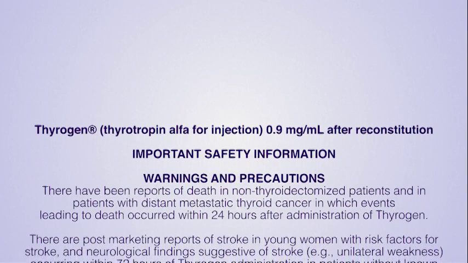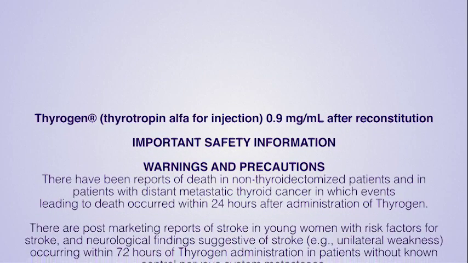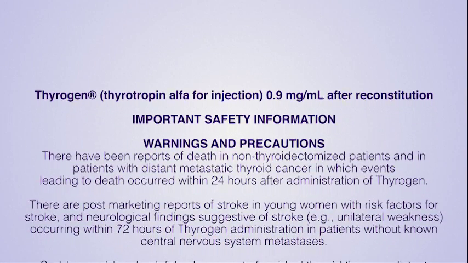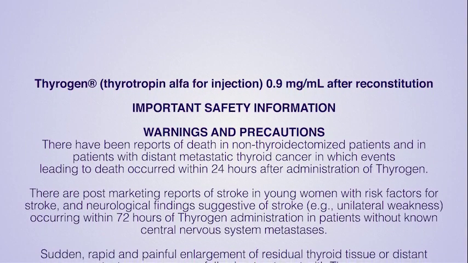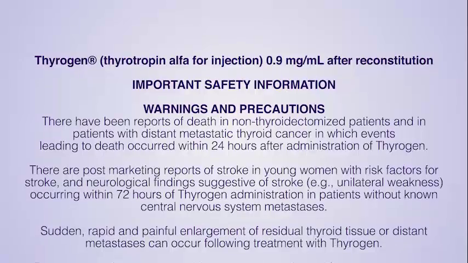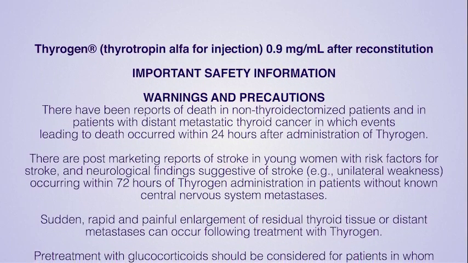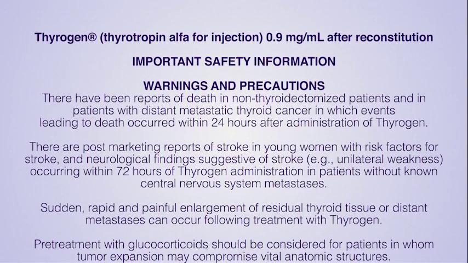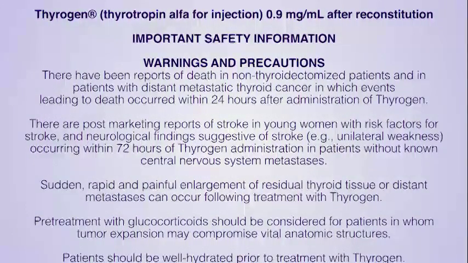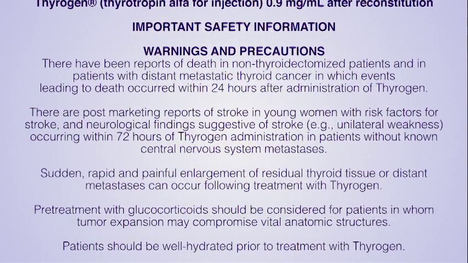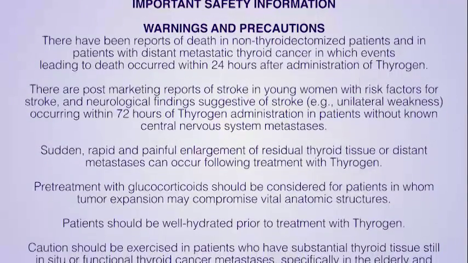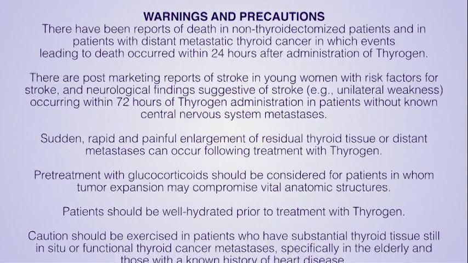There are post-marketing reports of stroke in young women with risk factors for stroke, and neurological findings suggestive of stroke, for example unilateral weakness, occurring within 72 hours of Thyrogen administration in patients without known central nervous system metastases. Sudden, rapid, and painful enlargement of residual thyroid tissue or distant metastases can occur following treatment with Thyrogen.